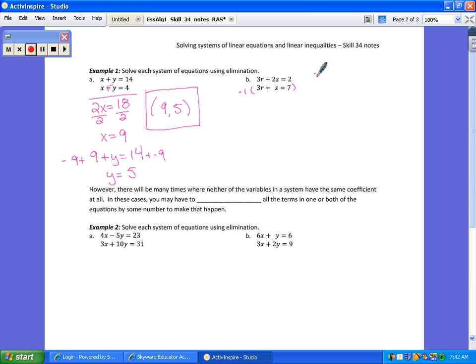When I do that, my top equation stays the same, and I get negative 3r plus a negative s equals a negative 7. Now I can add down, and I eliminate my r's, so I get s equals negative 5.